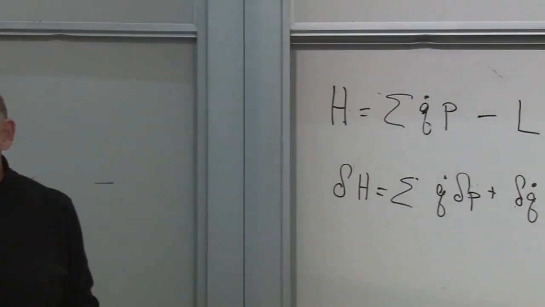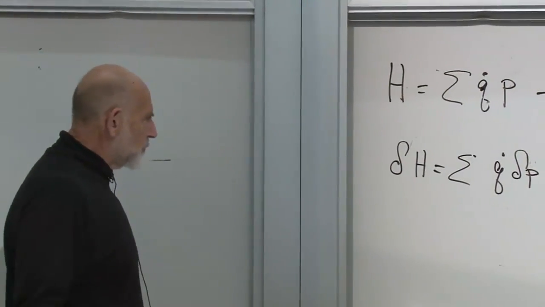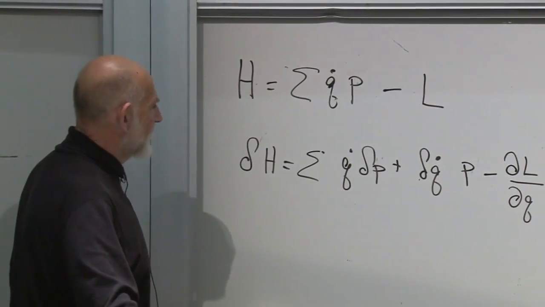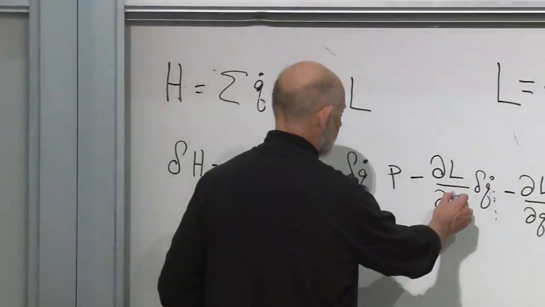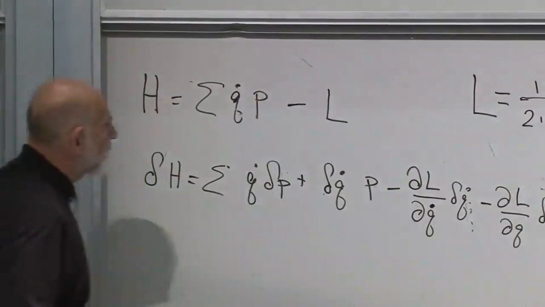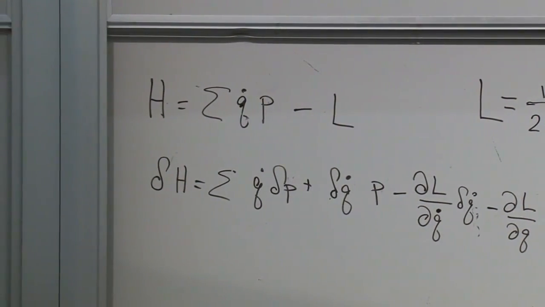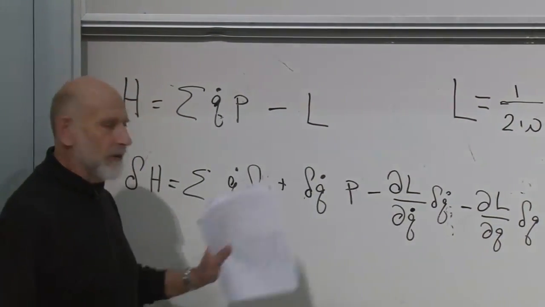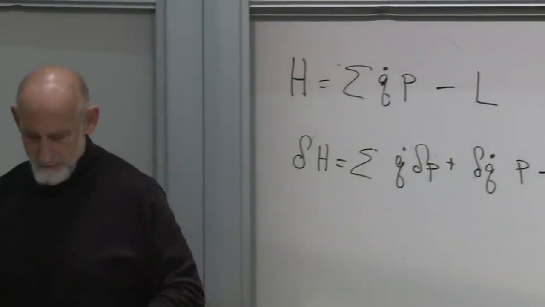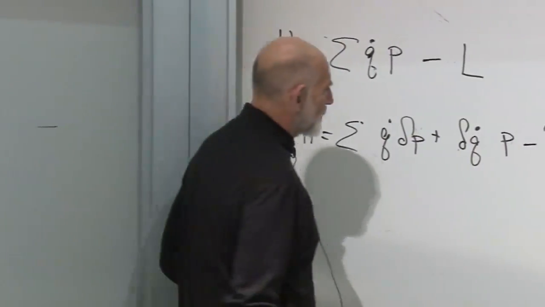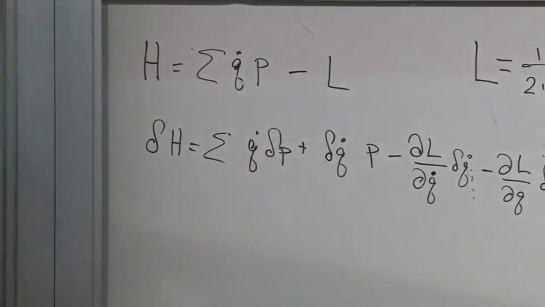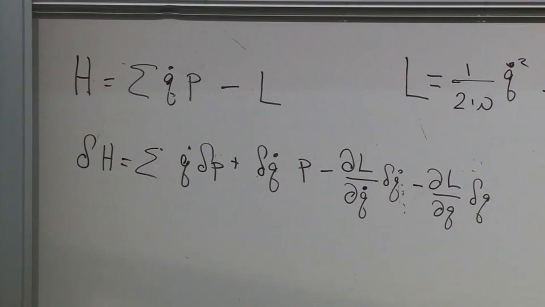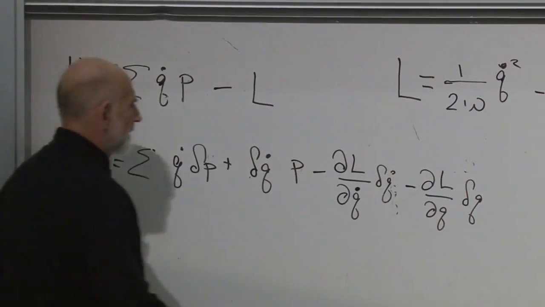Okay, some things cancel. Fortunately, it looks kind of ugly, but some things cancel. What's the derivative of L with respect to q dot? Ooh, the derivative of L with respect to q dot, thank you. Okay, what is it? P. This is p delta q dot. But here's p delta q dot. Magic. We get rid of it. I'll let you stare at it again before I get rid of it. The derivative of L with respect to q dot is p, and so these two things cancel.